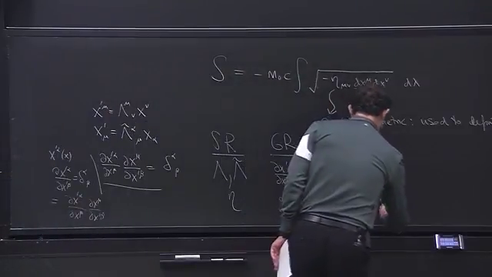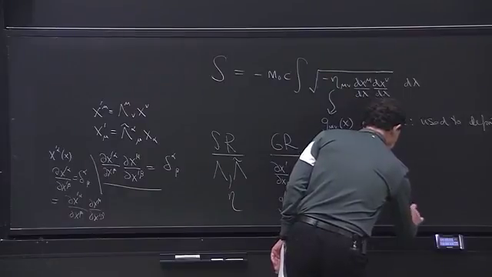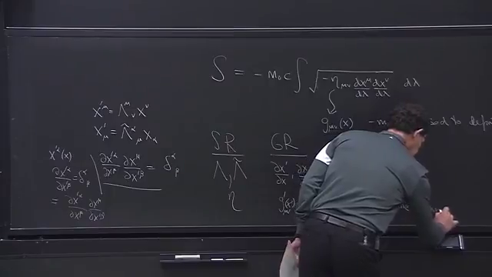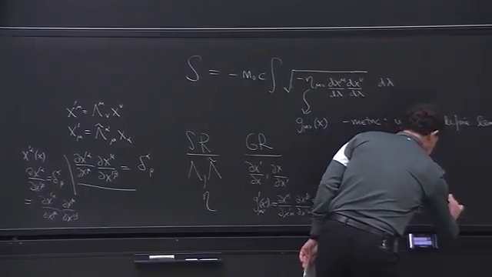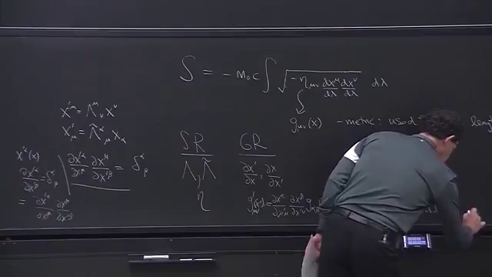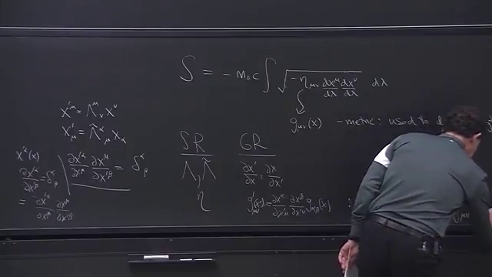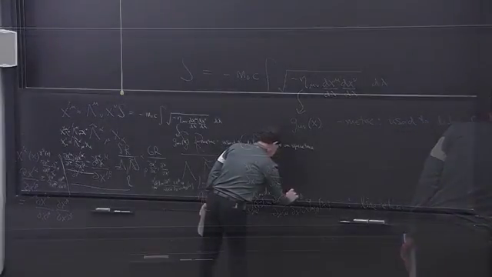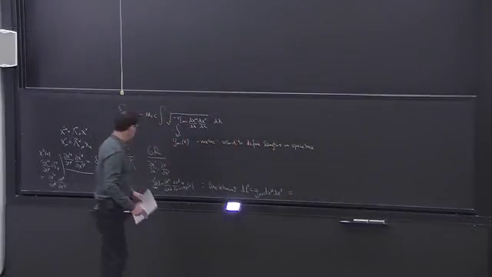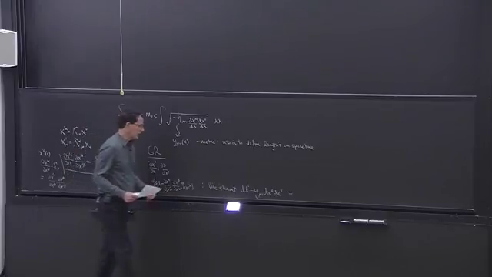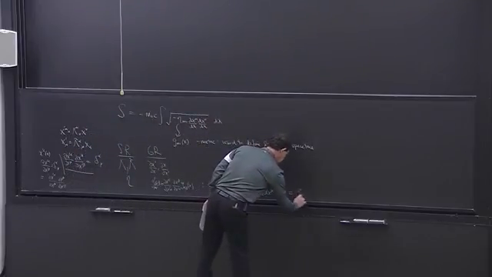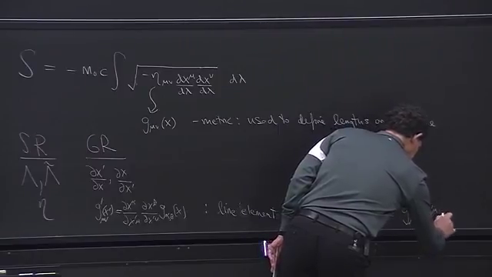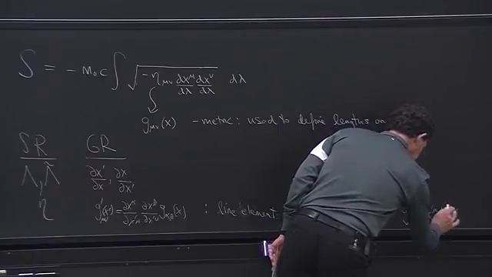What is invariant is the line element, dl squared, which is g mu nu dx mu dx nu, and then that's equal to, as you can see from this formula, g prime mu nu dx prime mu dx prime nu.